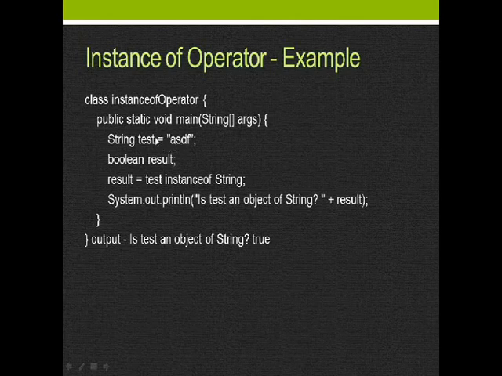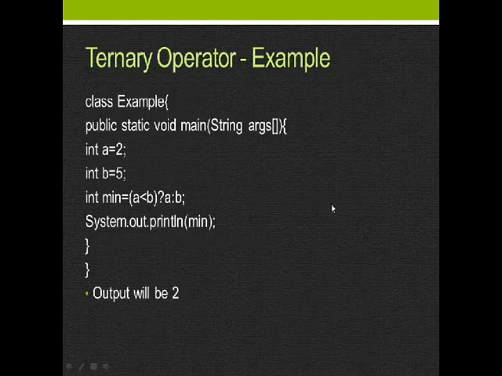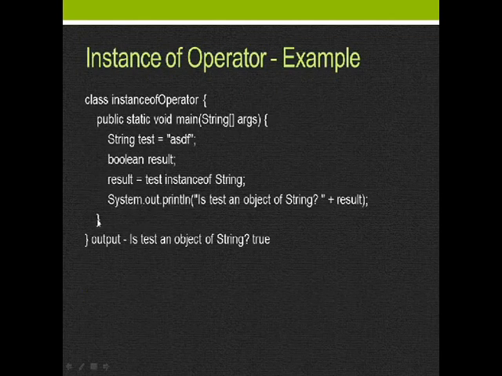I have just assigned a value and a boolean result. The result may be true or false. If result equals test instanceof String, and if it is true, then System.out.println will produce the output. Now the output will be: is test an object of String, true.